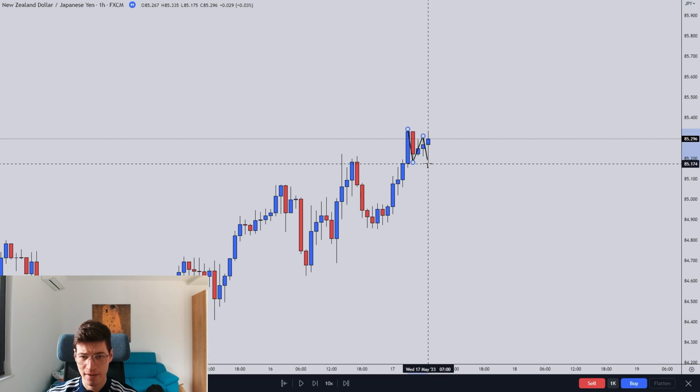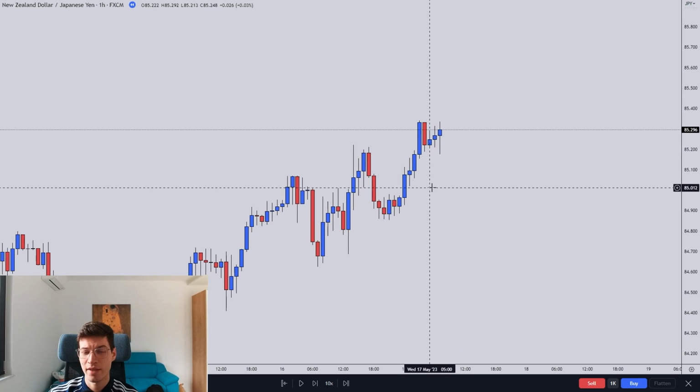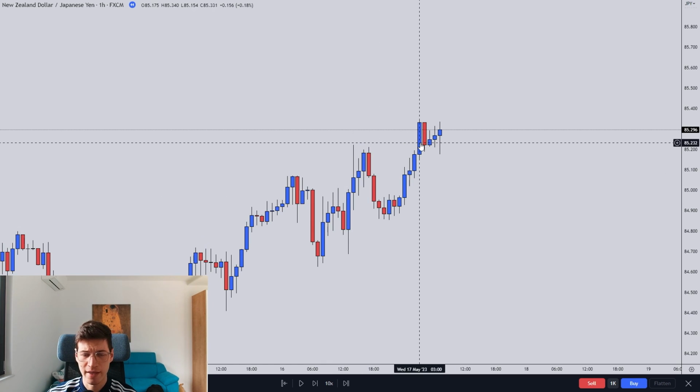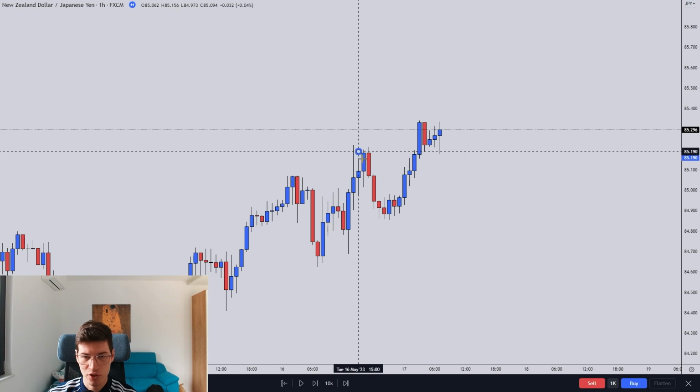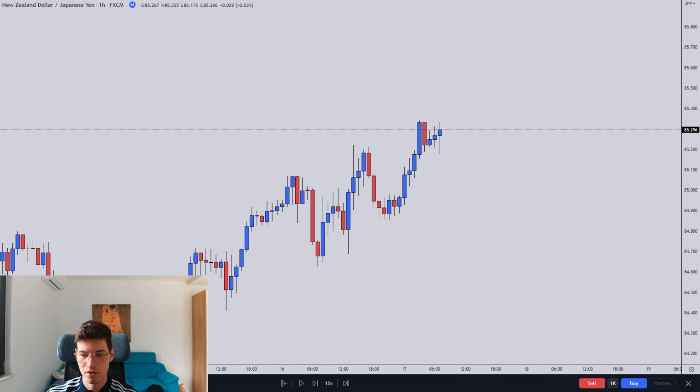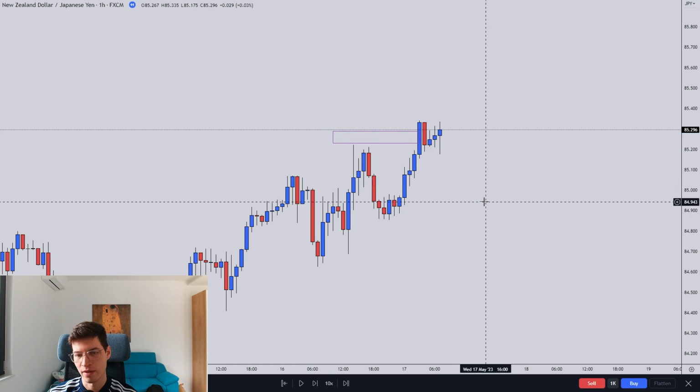Again, this is the flag, and this one did not fit my plan because we broke the high just by one candle. We also ranged around here. We got a momentum shift in these two red candles, so I was expecting this level to fail.